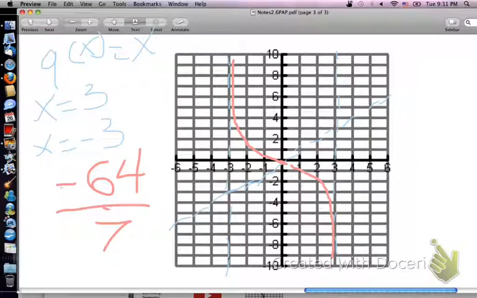So that's a pretty large negative number. So it's going to be below our slant asymptote, and it's going to look something like this. Then if we do the same thing, plug in positive 4 or 5, we'll see we're actually above the slant asymptote. So it's going to be something like that. So something roughly like that is a sufficient graph.